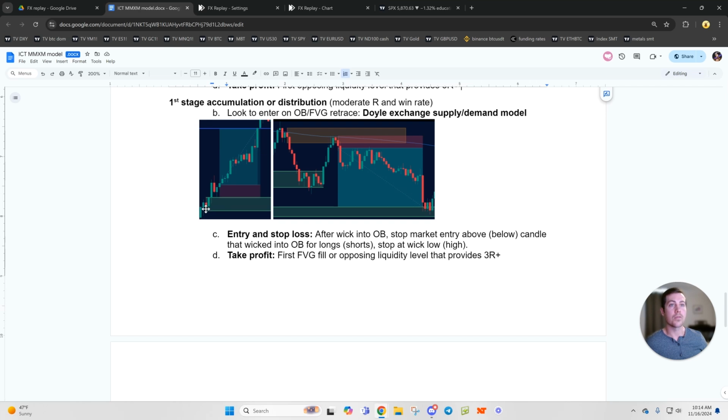You can see this red candle before an impulsive move to the upside, a wick into it, and then we're going to enter as a new candle high is created, using that wick into the demand as our stop, and looking for fair value gap fill or continuation to give us at least 3R.